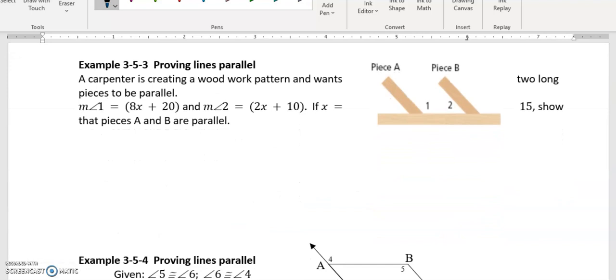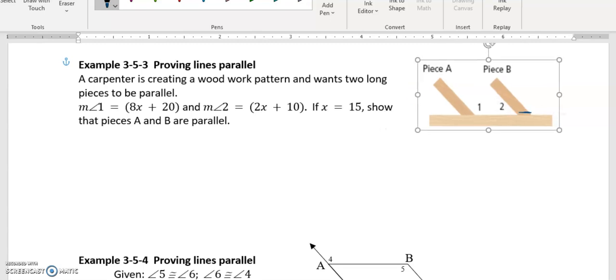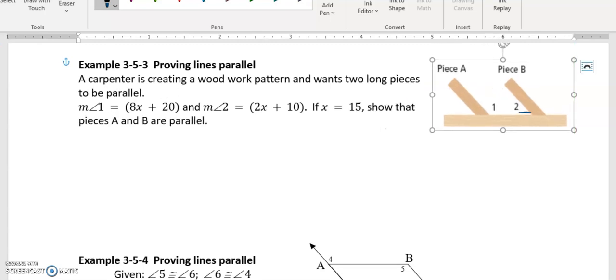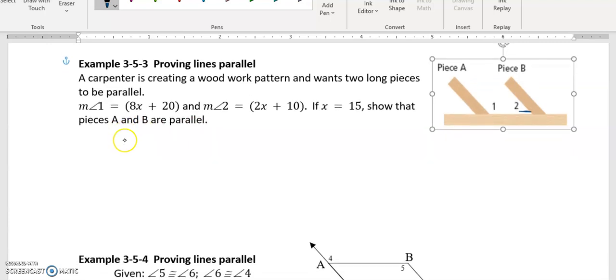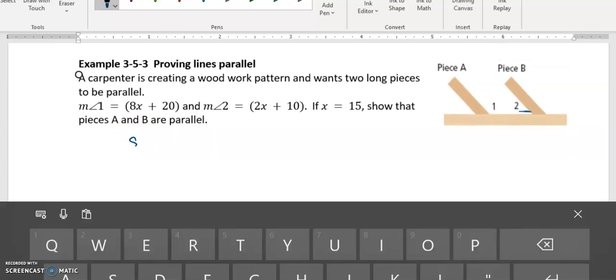Proving these lines are parallel, a carpenter's been creating a woodwork pattern and wants the pieces to be parallel. It gives us the measure of these two angles, and it wants us, if x is 15, my picture moved. Let me move that. If x is 15, show that pieces A and B are parallel. Well, we would need to show that, we can do this one of two ways.